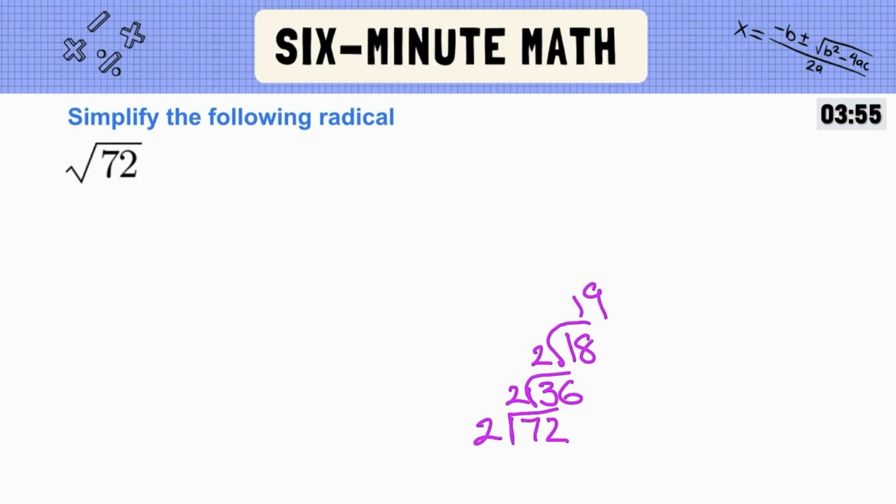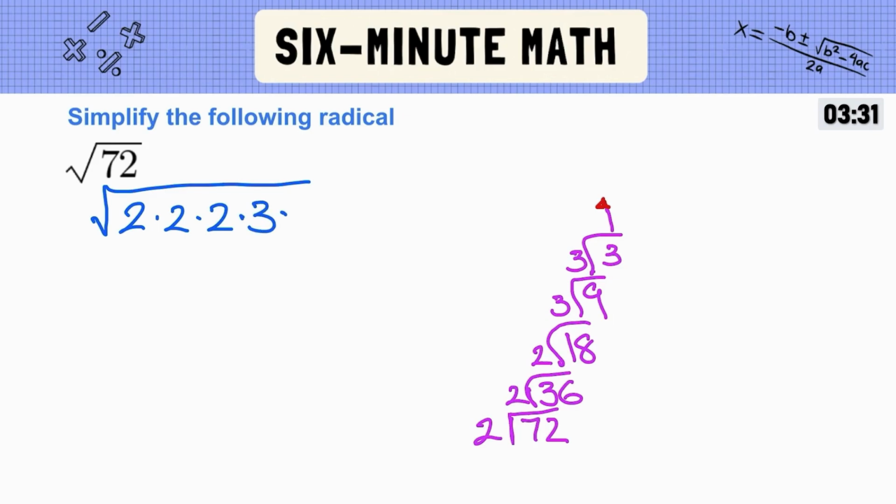That's divided by 2 for 9, which is 3. And then 3 divided by 3 is 1, and that becomes our candle. We have our prime factorization on the outside here. So 72 is root 2 times 2 times 2 times 3 times 3.